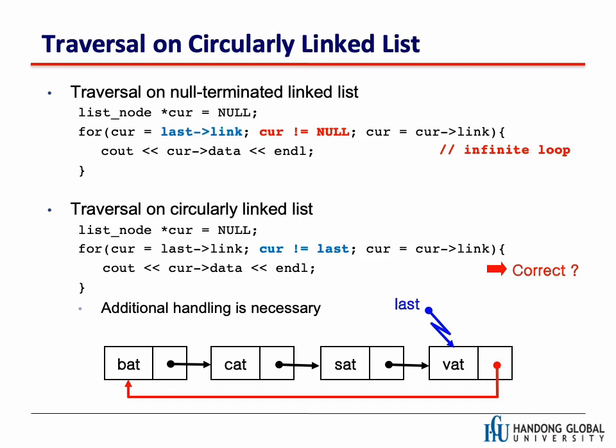And then we move to the next one. Now car is pointing to the vet, but car is the last. So we quit without printing vet. This is a kind of problem, so we need additional handling to avoid it.